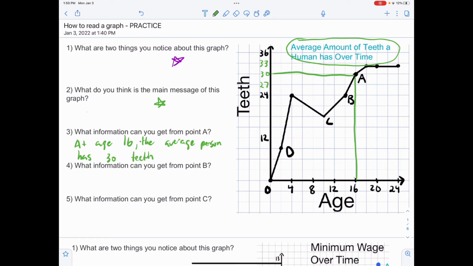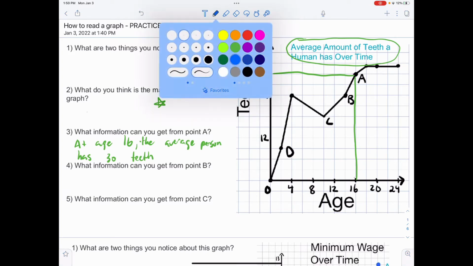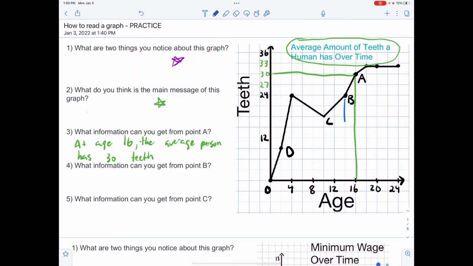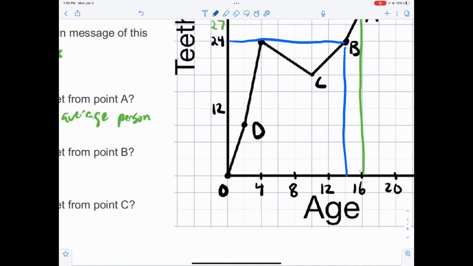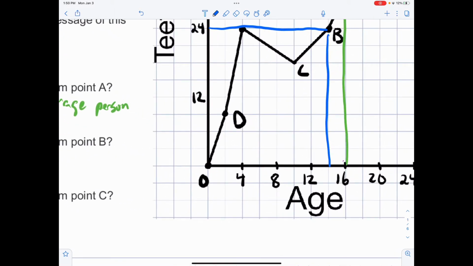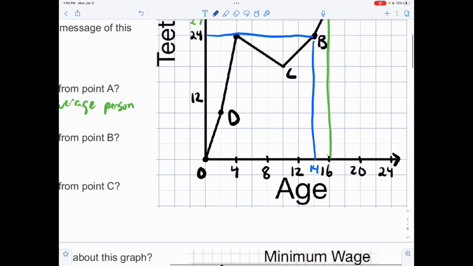Okay. What about point B? Let's see point B. Well, at point B, we don't know the age right away, but we do know the teeth number. It's 24. So what number would go here between 12 and 16? Is it 13? 12, 13, 16? No, that's not how numbers work. It'd be 12, 14, 16.